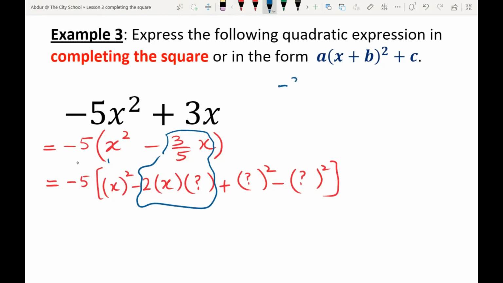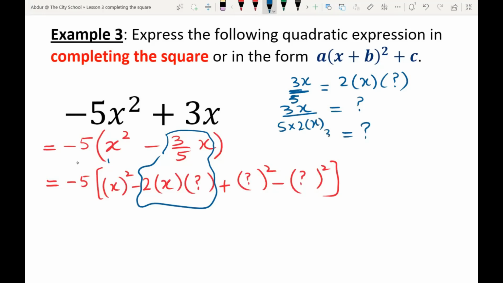So comparing 3x over 5 with twice of x times question mark, the question mark will be 3x over 5 divided by twice of x. It will be 3 over 5.